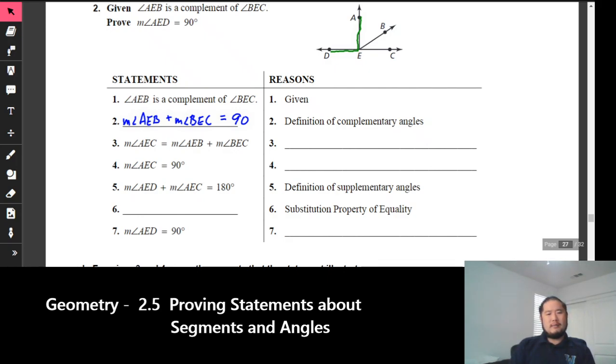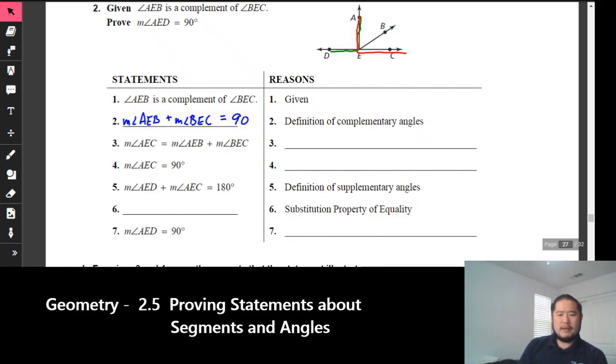All right, so next up, let's take a look at number 3. We went from angle AEC is equal to angle AEB plus BEC. We took these 2 small angles right here, we added them up, and that equaled the whole thing, AEC.